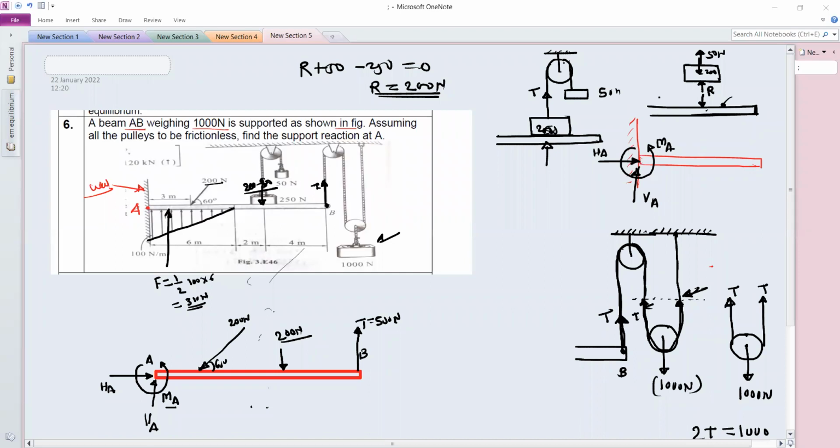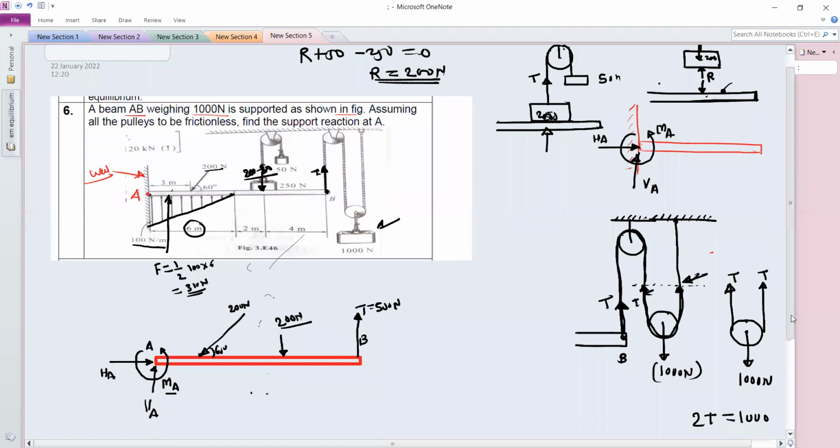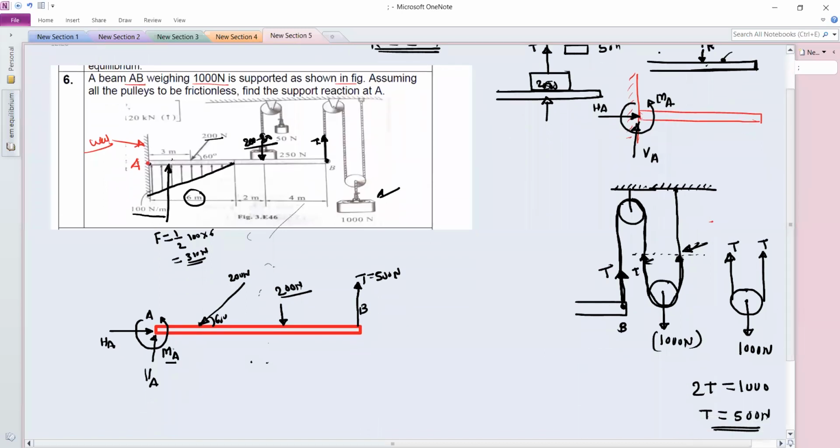So net force, or the point load, will be acting at this point. This value is 1 by 2 times height, that means intensity, which is 100, and total span, which is 6 meters. So it will act at this point, and this F is equal to 1 by 2 into 100 into 6, so this is equal to 300 Newton.